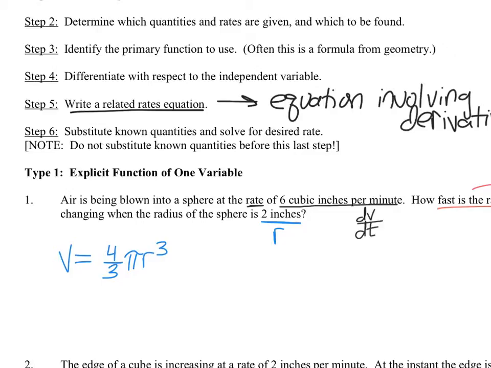Right? So in terms of minutes. I'm looking for the derivative of volume per unit of time. So we're taking the derivative implicitly here. Going back to implicit differentiation, if I had something like y equals x cubed, that was easy.